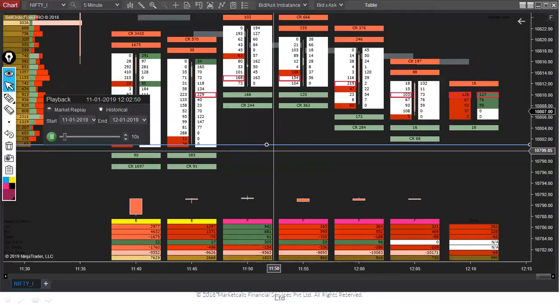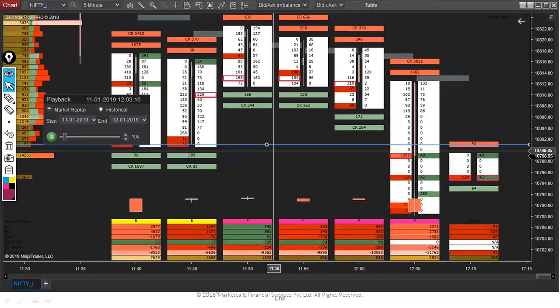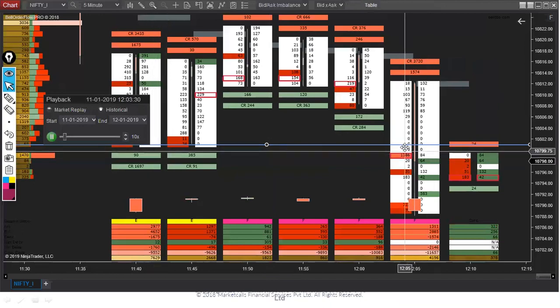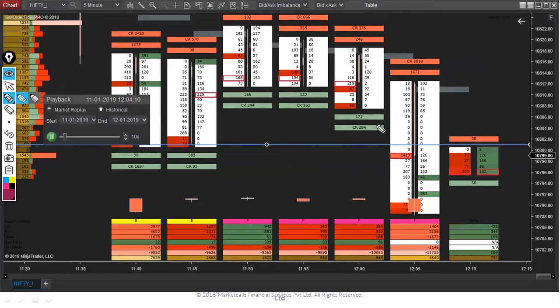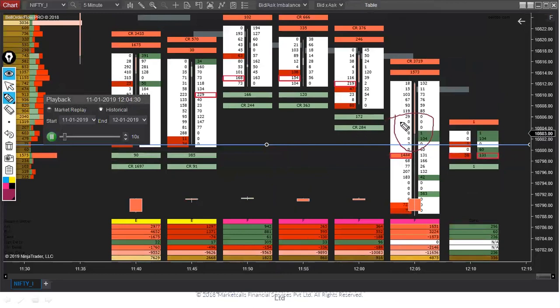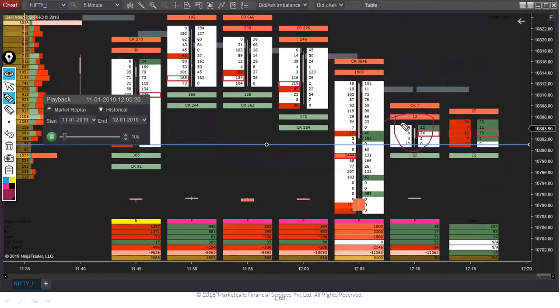When they are about to break, if you're seeing big liquidity there, then the stops would have been hunted. That is why you can see a lot of zeros over here, which is going to get filled faster because that is a zero liquidity zone. It gets filled faster. Usually that's what the market does.